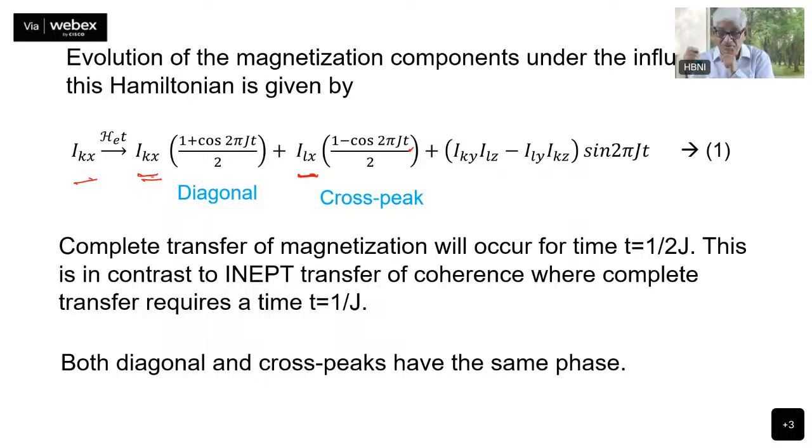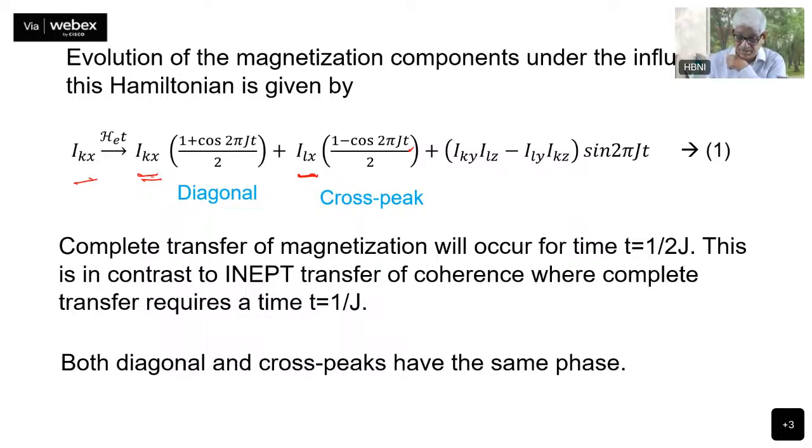Now, consider the situation if t is equal to 1 by 2J. What happens? This gives you cosine pi, which is minus 1. Therefore, the first term will go to 0. And the second term becomes 1 minus of minus 1, therefore it is 1 plus 1, and it becomes ILX.